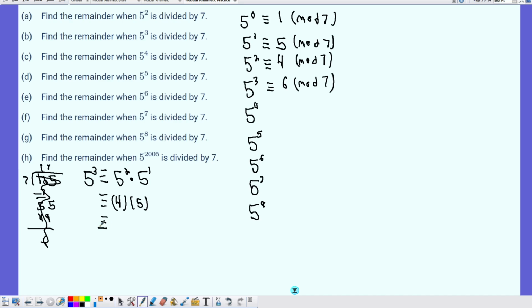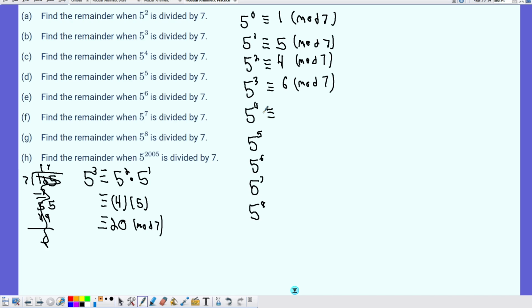So this is going to be equal to 20 mod 7, which, depending on how you look at it, 7 times 2 is 14, plus 6 would give us 20, so we'd have a remainder of 6. You could also do 7 times 3 is 21, minus 1, so a remainder of minus 1 on mod 7 would bring me to 6 as well. So it just depends on how you want to work it out.